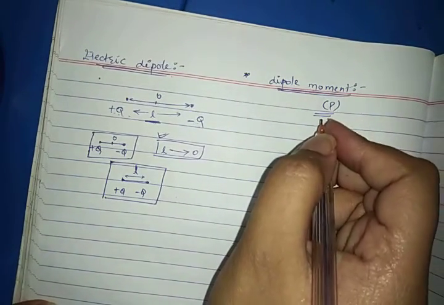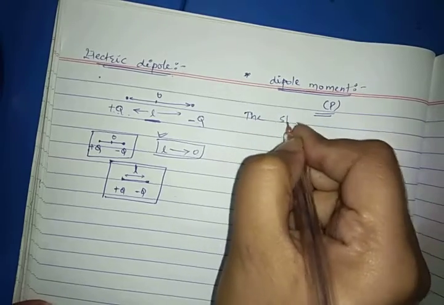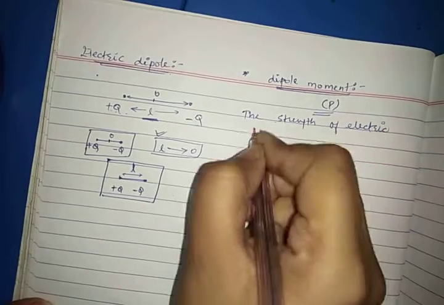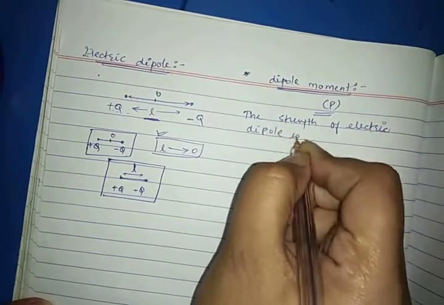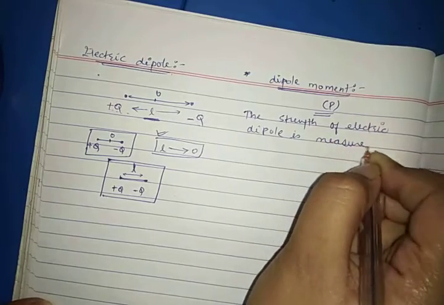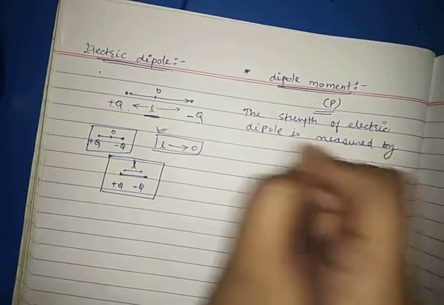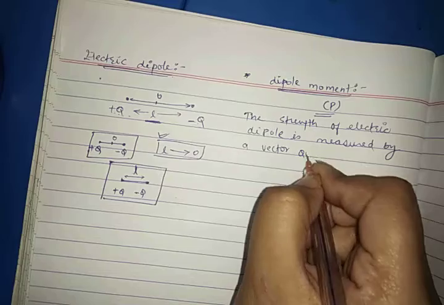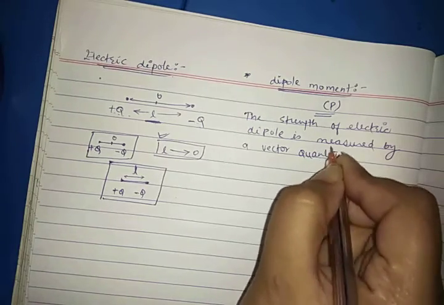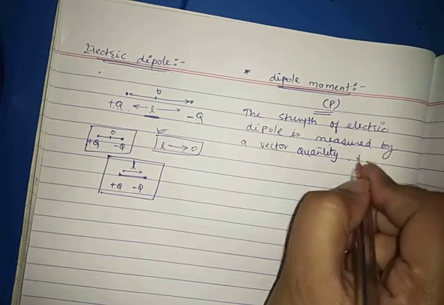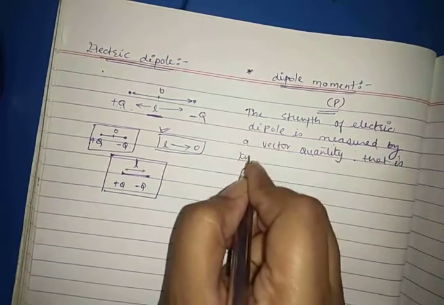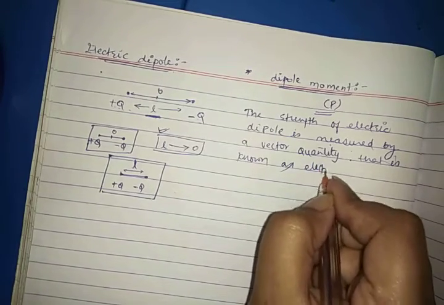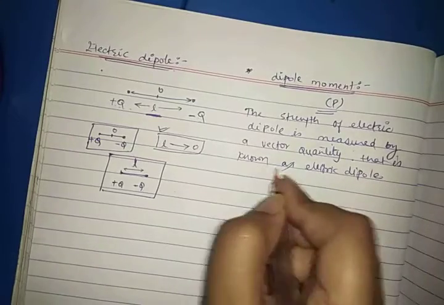So you can write it as: the strength of electric dipole is measured by a vector quantity that is known as electric dipole moment.